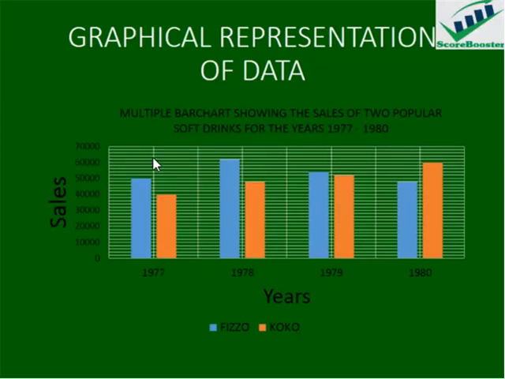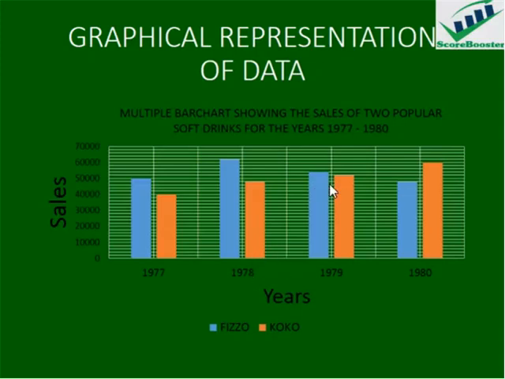We trace it here. You can see this is Fizzo for the year 1978, and Cocoa is 48,000. So we start from 40,000, which is here. 40,000 plus 2,000 plus 2,000 plus 2,000, that is 4,000, 6,000, 8,000. So if you trace this, you can see that is Cocoa for the year 1978.